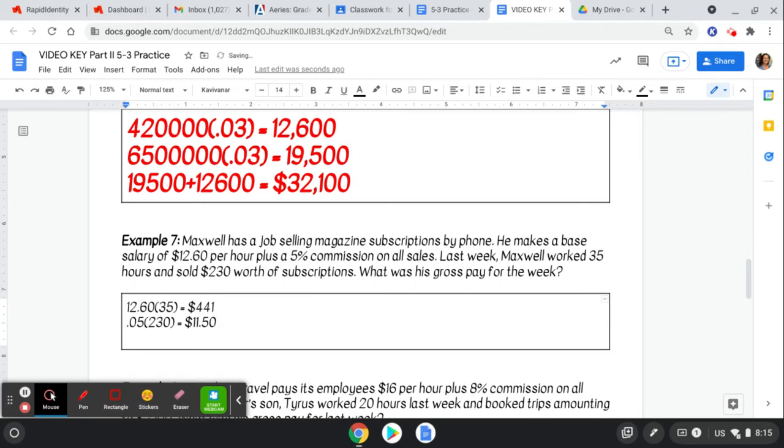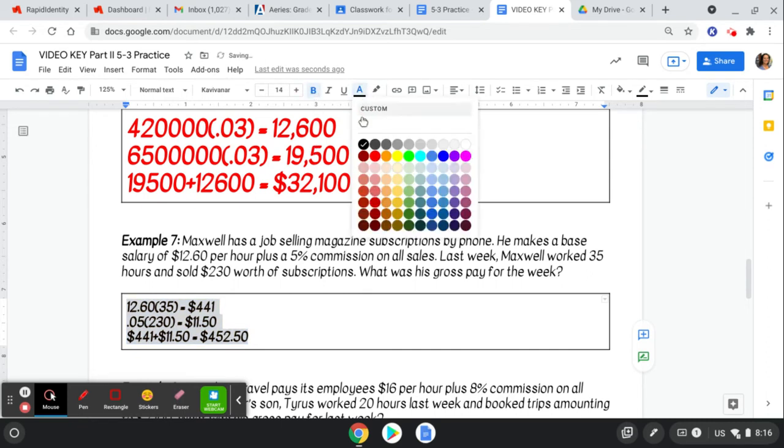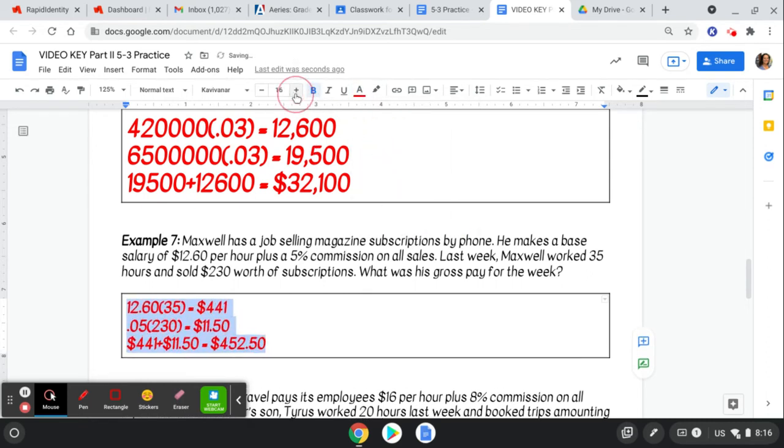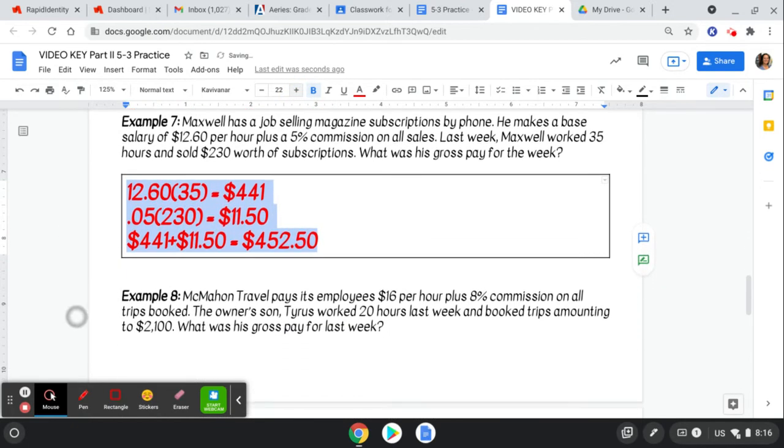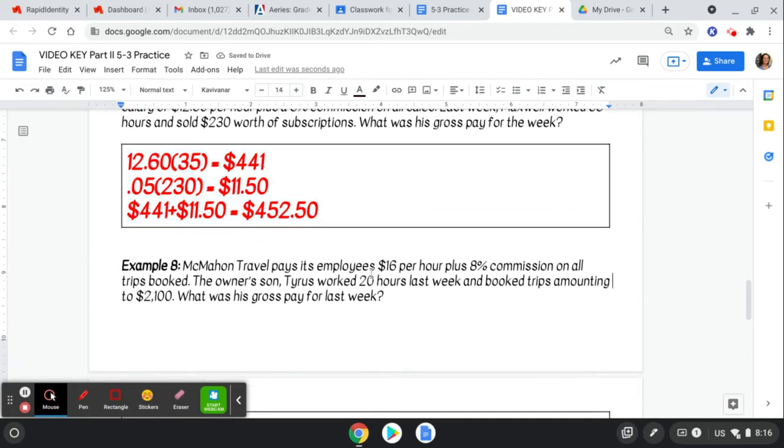All right, add that up. 441 plus 11.50 is 452.50. And that's pay for the week. So maybe that's not so bad, right?